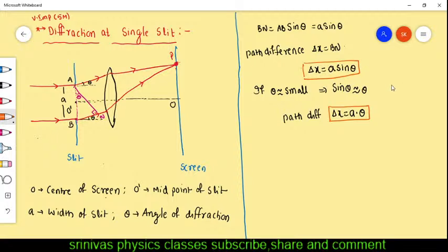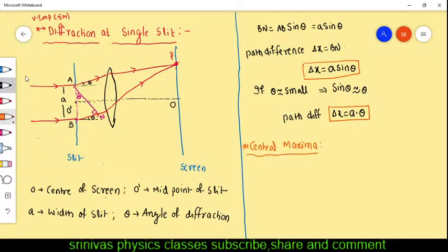Now I am going to explain the central maxima. At the center of the screen you will get the maxima. Why will we get the central maxima? I will explain, listen very carefully.